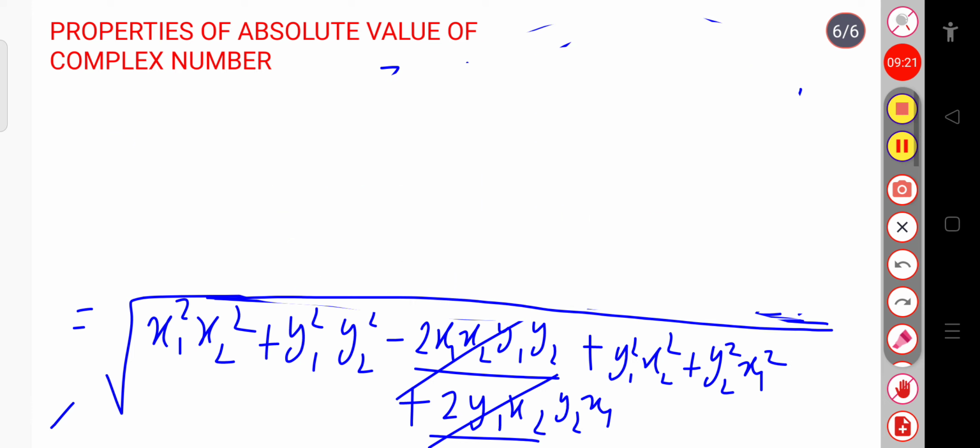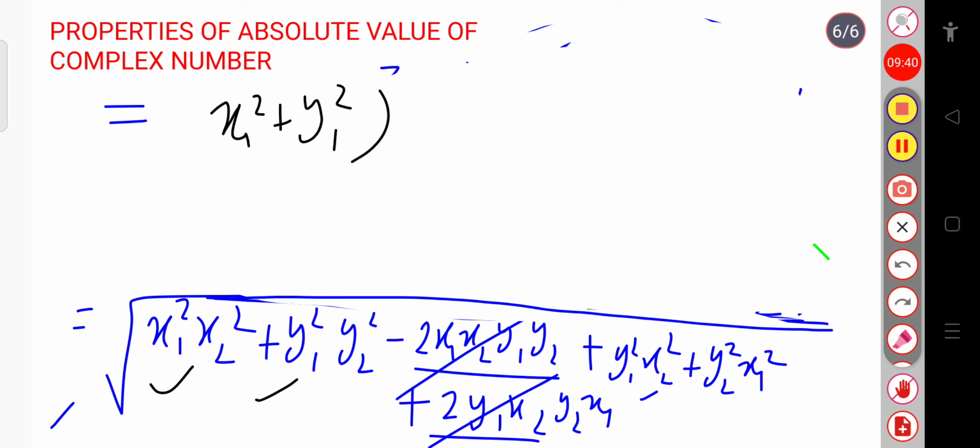Now we can write this as x1 square x2 square plus y1 square y2 square, and y1 square x2 square plus y2 square x1 square. These four terms will remain. Now we can write this as x1 square plus y1 square whole into x2 square plus y2 square, again under the root.